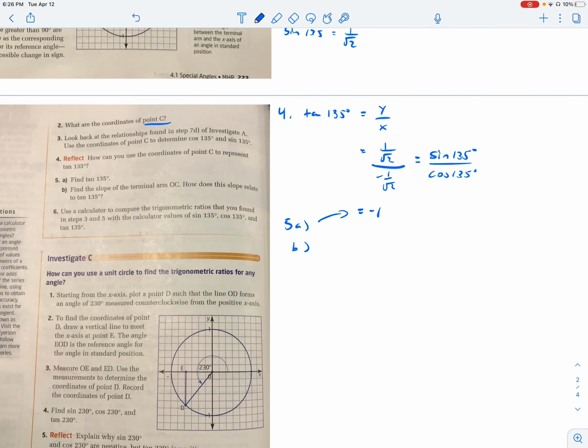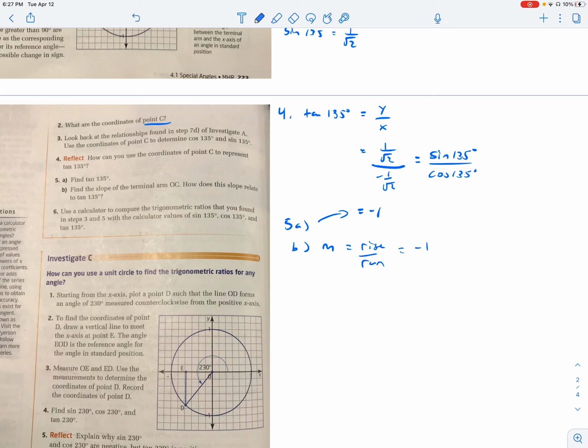So we can say that right here: m is equal to rise over run, and it works out to negative 1 because we go down 1 over 1. So notice that's actually the value of tan 135.